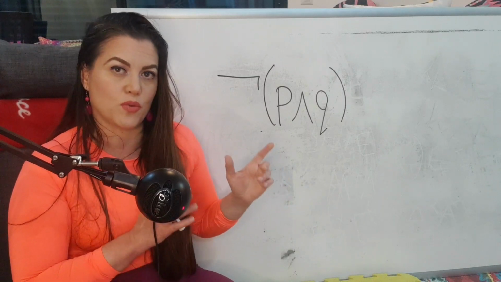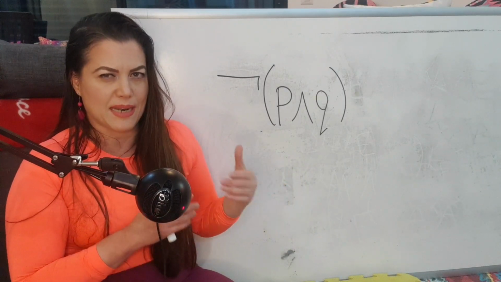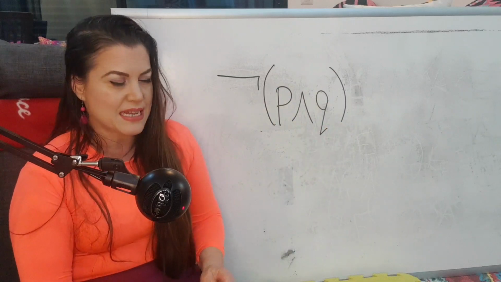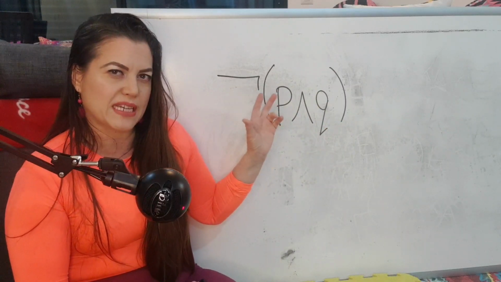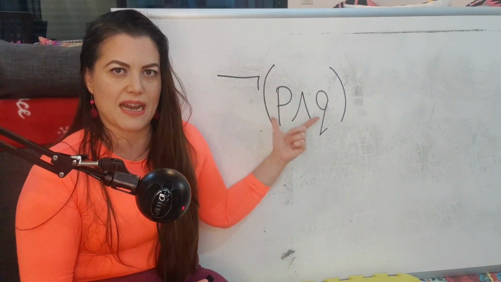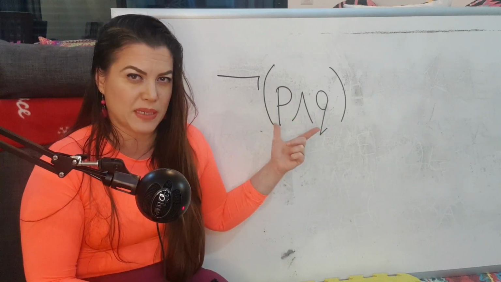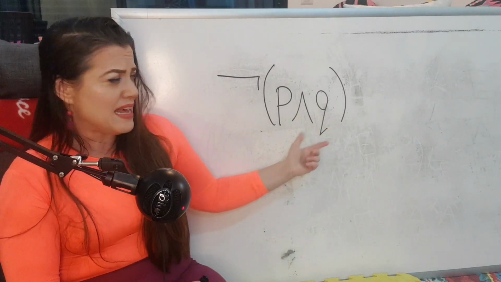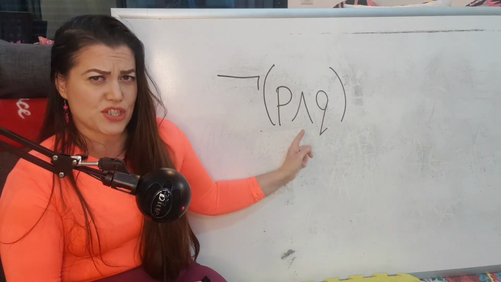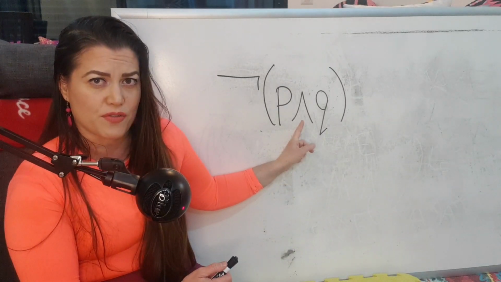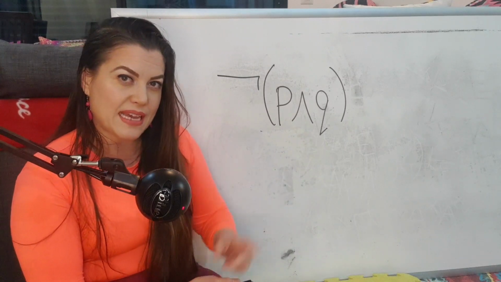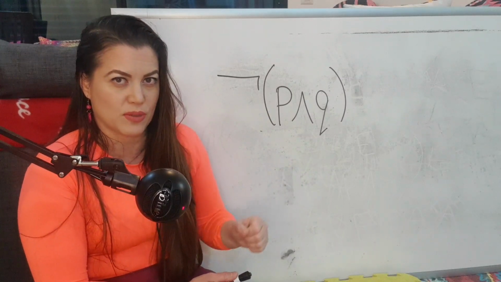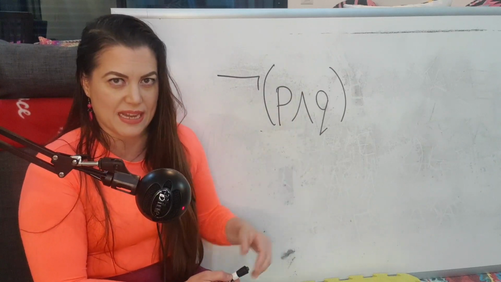When I'm working with a sentence that has quantifiers in it, and my job is to push the negation sign more inside, to the depth and to the right side of the sentence, my eyes should be sensitive to catch this template. If I notice that the sentence in front of me looks something like this, with a negation sign, then a parenthesis, two expressions, and in between them this connective sign that means and, then there is a way I can write this sentence in a different way that will mean the same, but will progress me toward pushing the negation sign more inside the sentence.